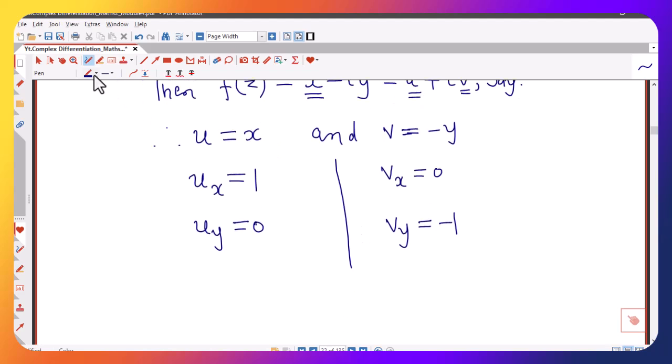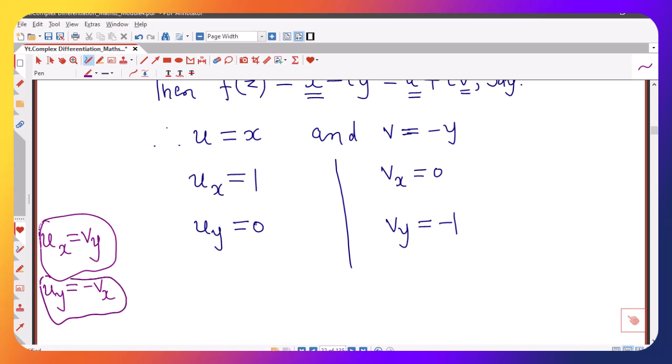Now we know that Cauchy-Riemann equations are del u by del x equal to del v by del y and del u by del y equal to minus del v by del x. So our interest is to determine the points at which del u by del x and del v by del y are equal and del u by del y and minus del v by del x are equal.